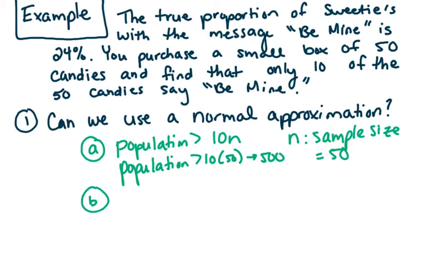And so then for part B, we also need to prove that 10 times our proportion. Nope, that's wrong. Go back. Okay, sorry. N times our proportion is greater than or equal to 10. And so remember, our N is 50.